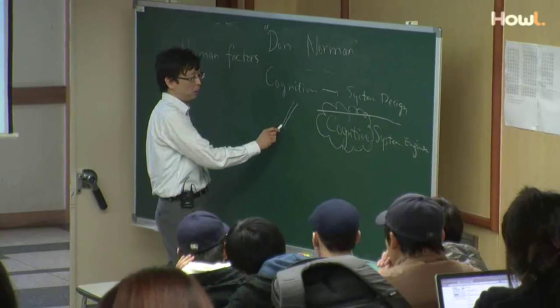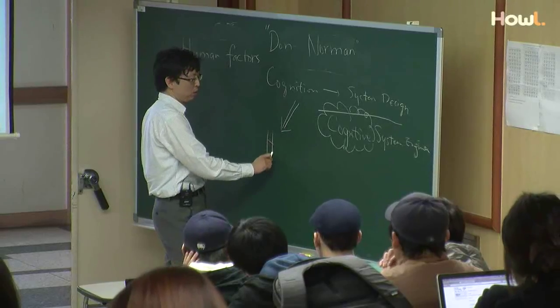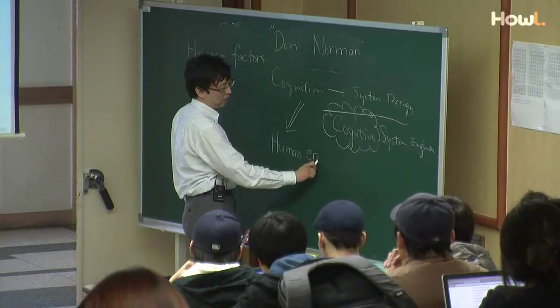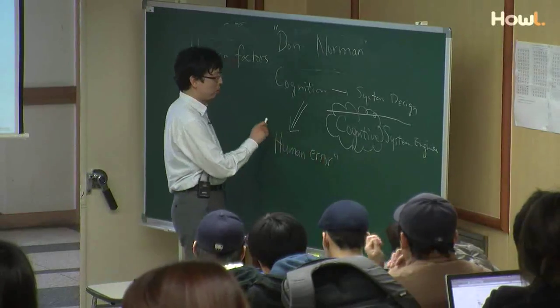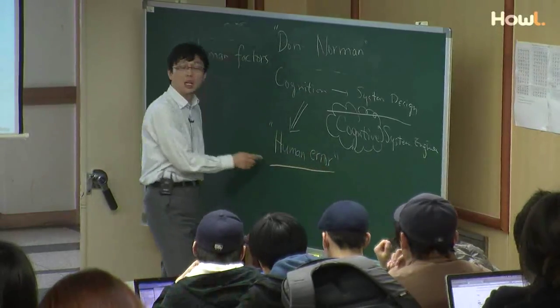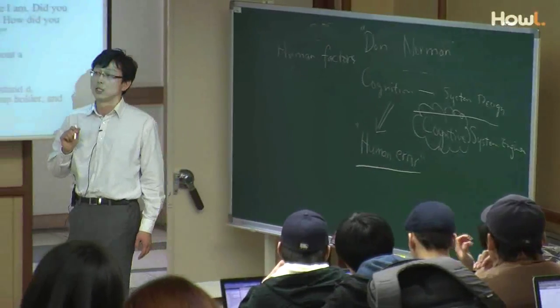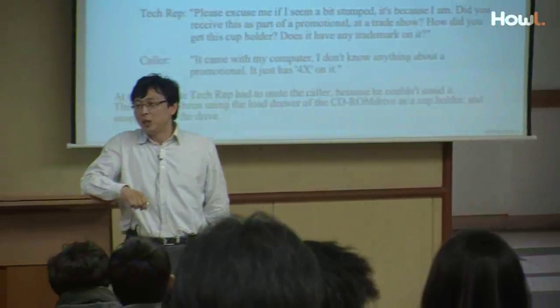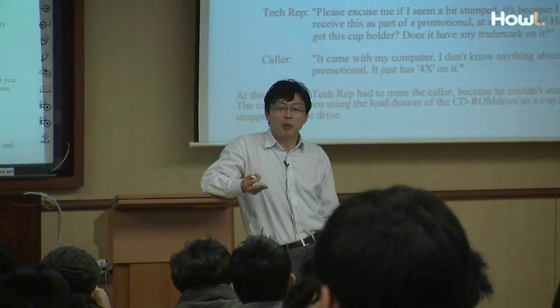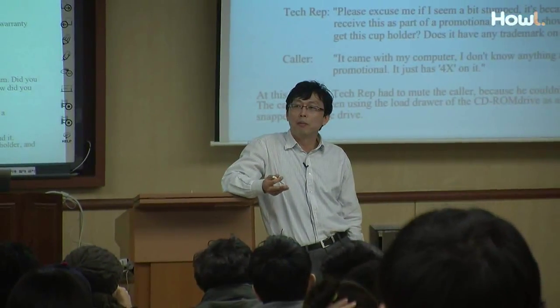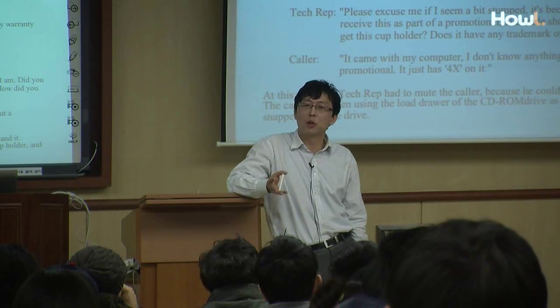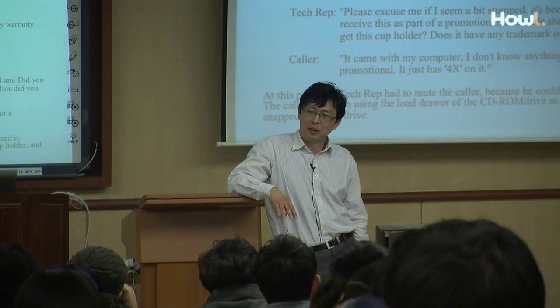So he proposed that human error is an important thing to consider in system design. What he proposed is that human error is not from the human. It's from the designer. The designer made the wrong system, so the human makes an error, right?